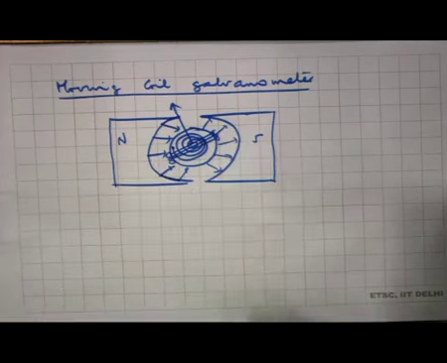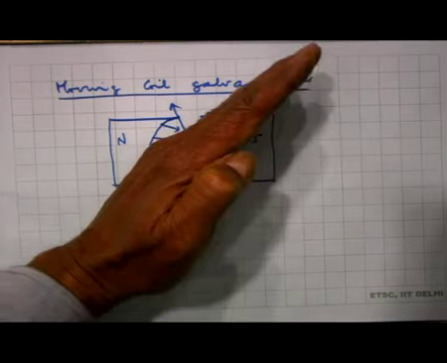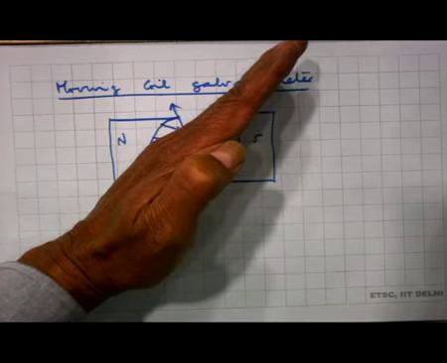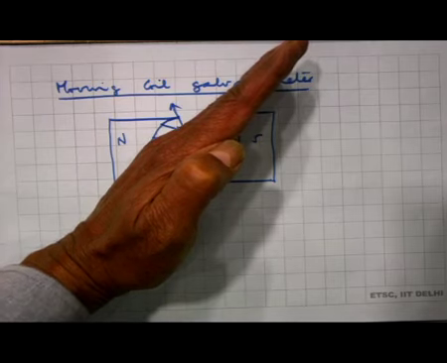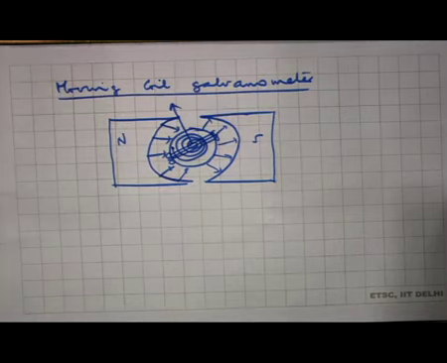So, if you pass a current of a certain magnitude, the coil will rotate and stop, because at that point the torque provided by the magnetic field is balanced by the torque provided by the restoring spring. So, the needle will rotate, and that will be an indication of the current passing through the coil.